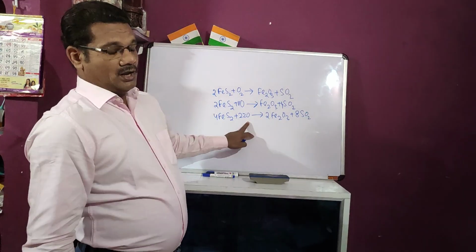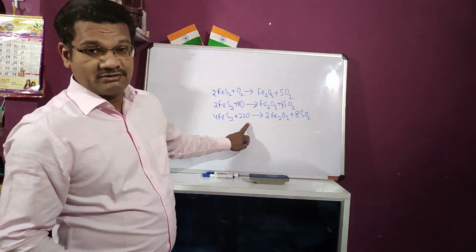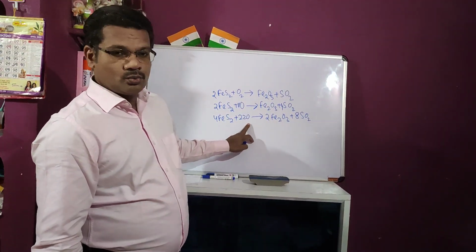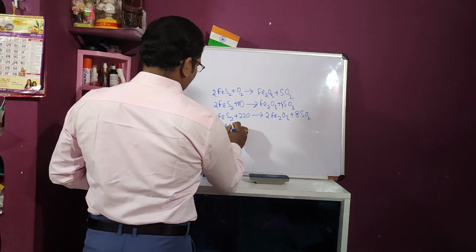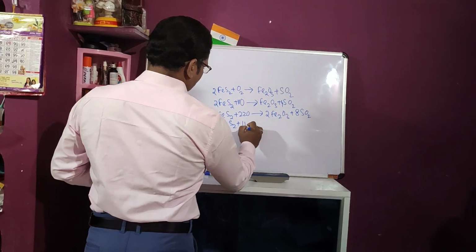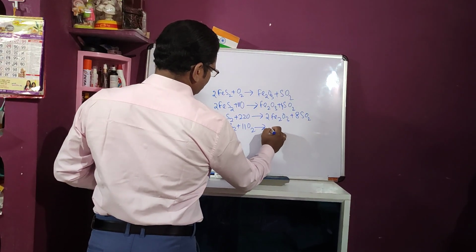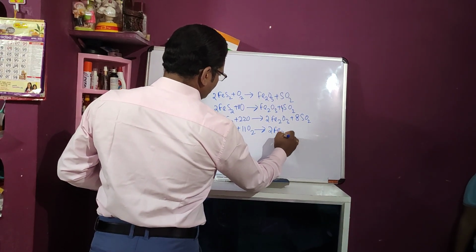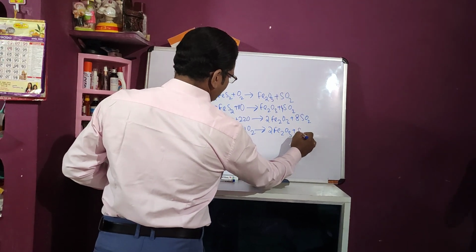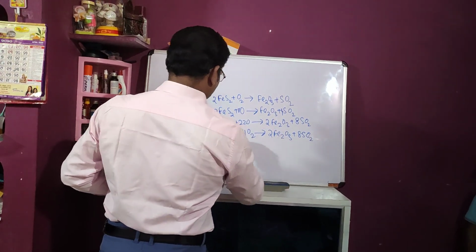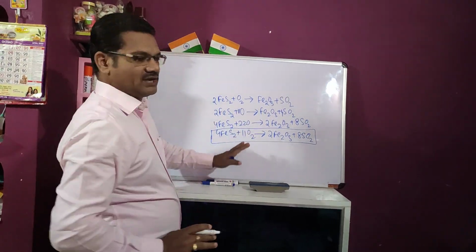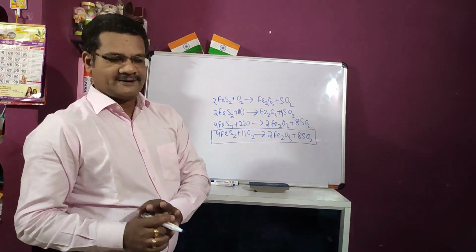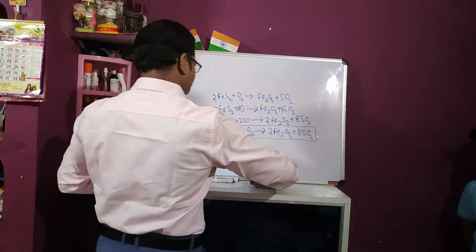Now again writing it in molecular form, 22O will be 11O2. So 4FeS2 plus 11O2 gives 2Fe2O3 plus 8SO2. This is the final balanced chemical equation. Clear? I shall take another example.